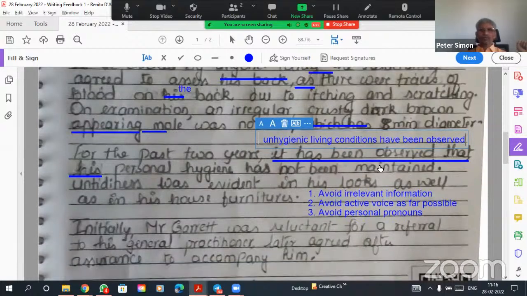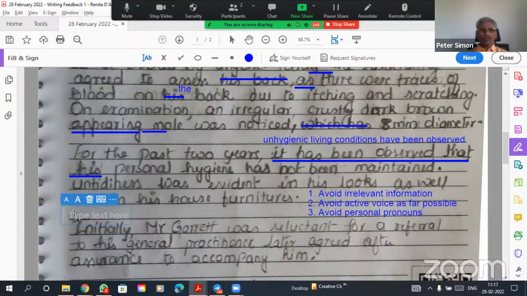Or you can say, hygienic conditions have not been maintained, finished. For the past 2 years, hygienic conditions have not been maintained. Like that also you can write.